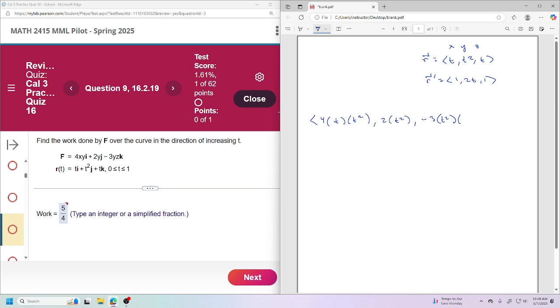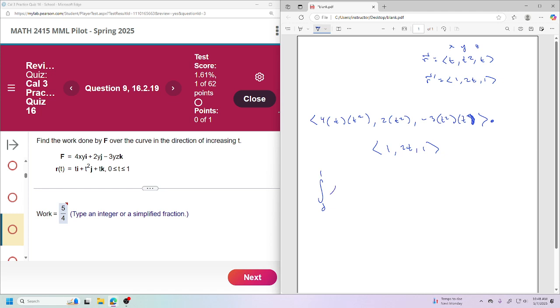Negative 3t squared. T, thank you. You're keeping me back on track here. Yeah, don't let other people distract you. And then we got 1, 2t, and 1. I'm going to dot product these things, and then we're going to integrate.